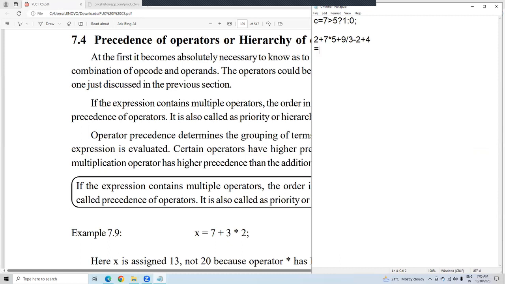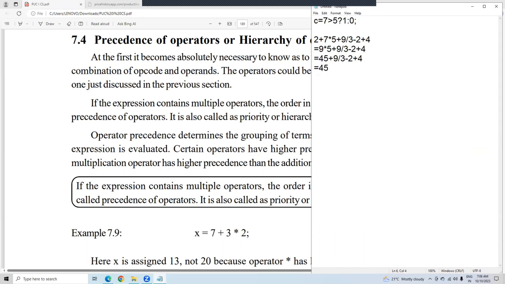Now suppose I do it like this, from left to right: 2 plus 7, 9, into 5, plus 9 divided by 3, minus 2 plus 4 is there. In the second round, what do I do? 9 into 5, 5 nines are 45, plus 9 divided by 3, minus 2 plus 4.